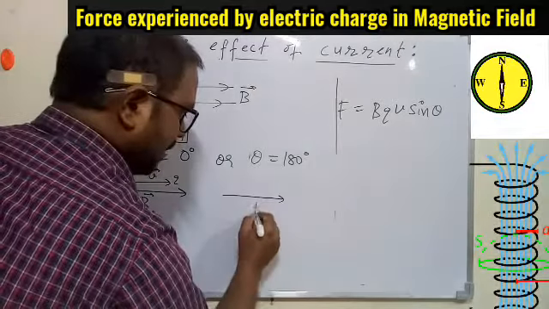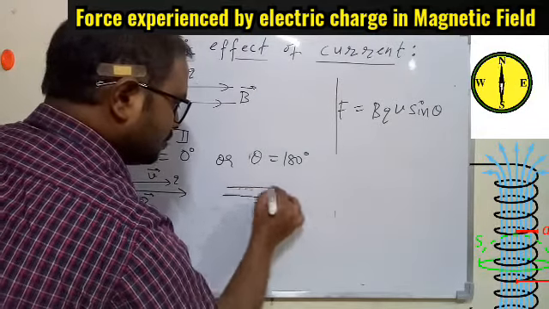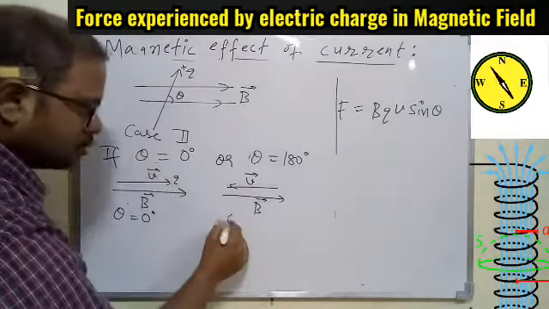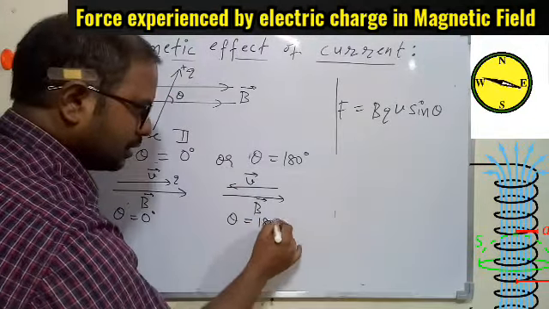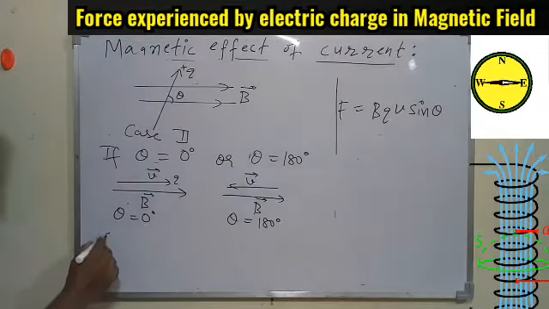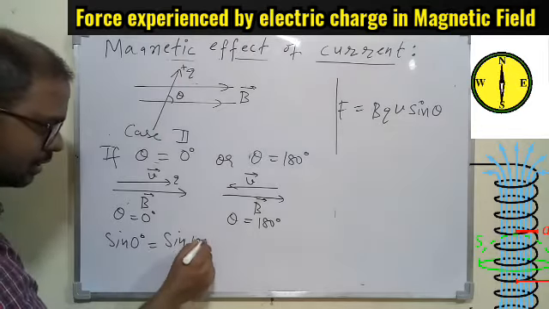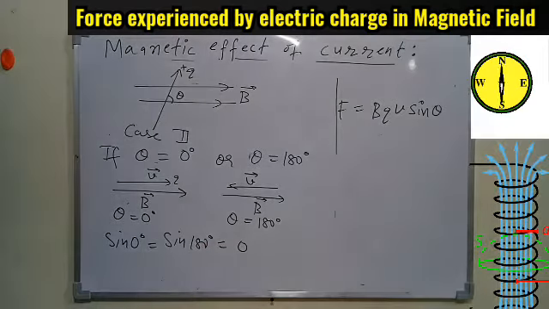And this is the case where the magnetic field is in this direction and the charge is moving opposite. Here they are anti-parallel, so theta is 180 degree. You know that sine 0 degree is equal to sine 180 degree, which is also 0.